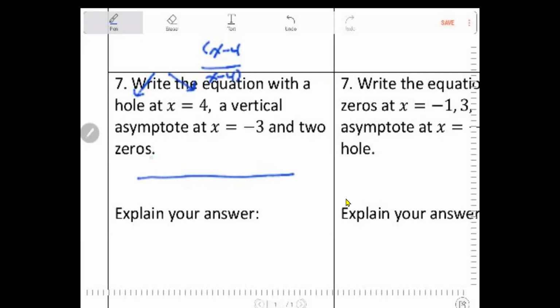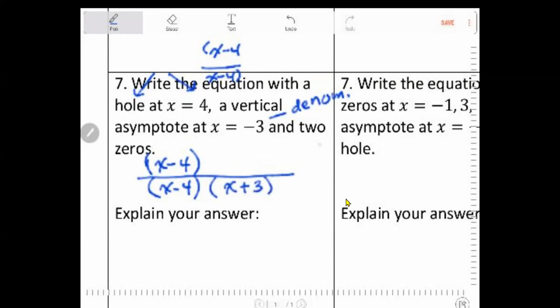We're going to write that here. Then it says a vertical asymptote, which we know is in the denominator, and that's going to be x plus 3.